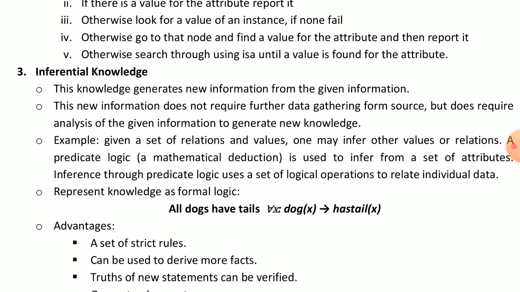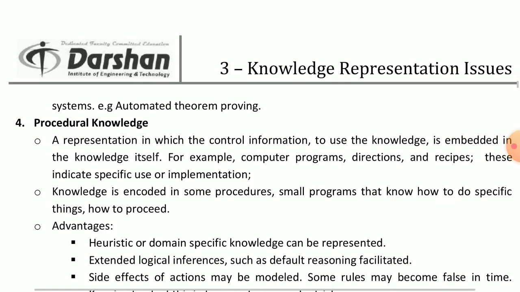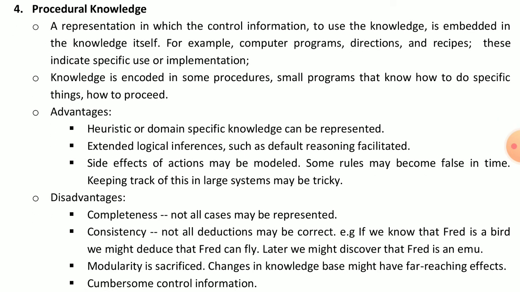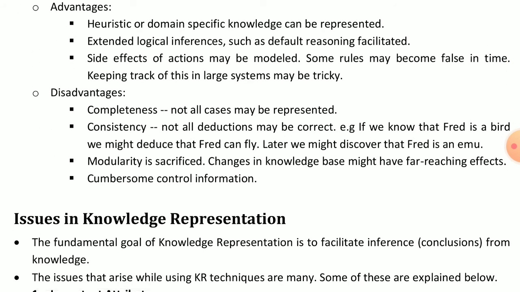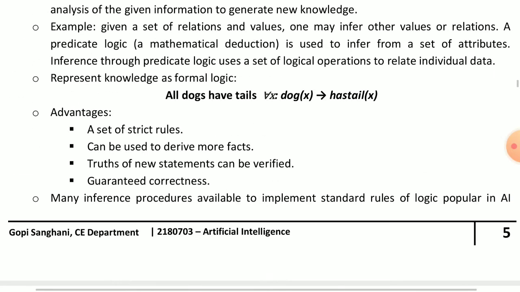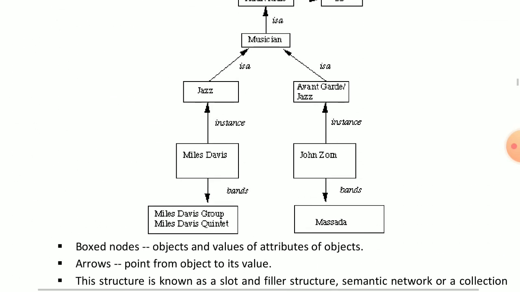Then third is inferential knowledge, its basic introduction, example, advantages and disadvantages are given. Then fourth is procedural knowledge, its basic introduction, advantages and disadvantages are given. So these three schemes I will explain in the next lecture.